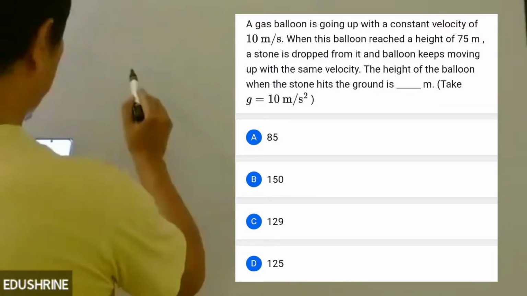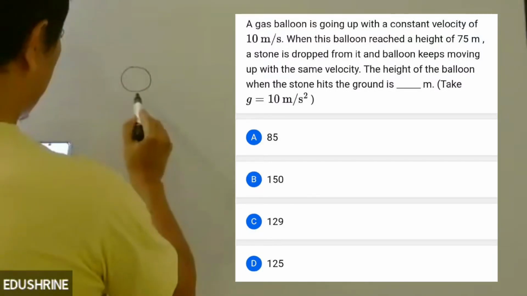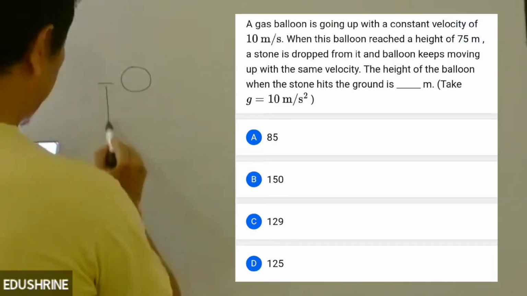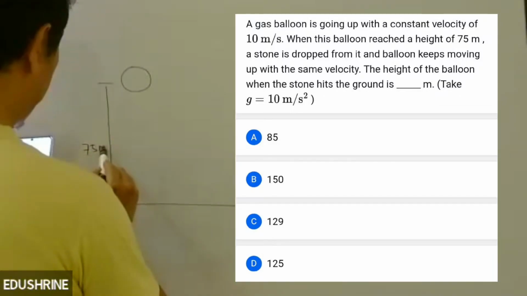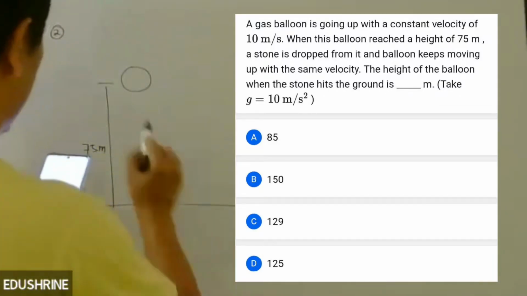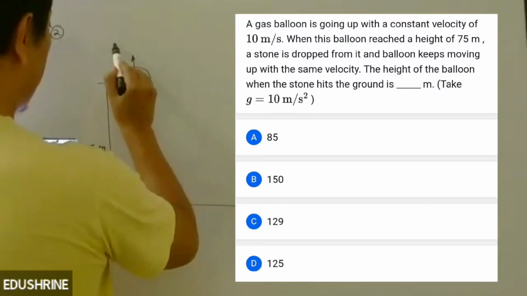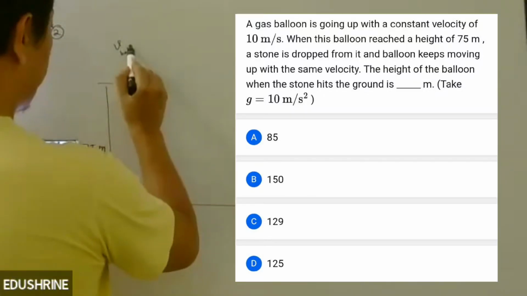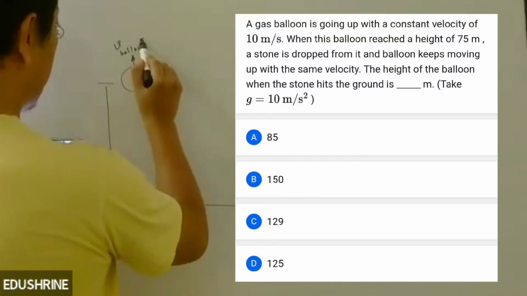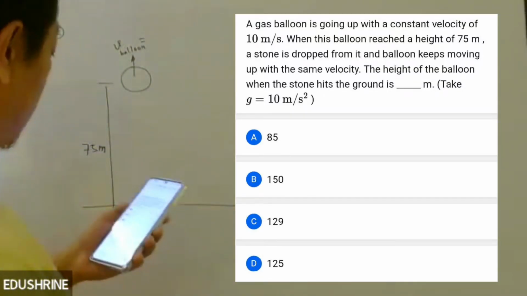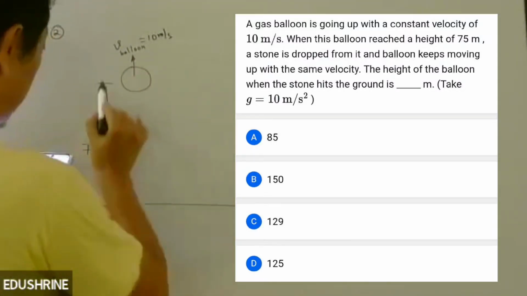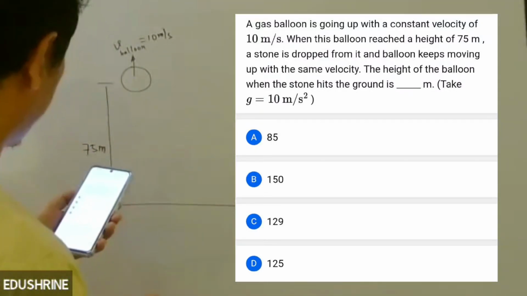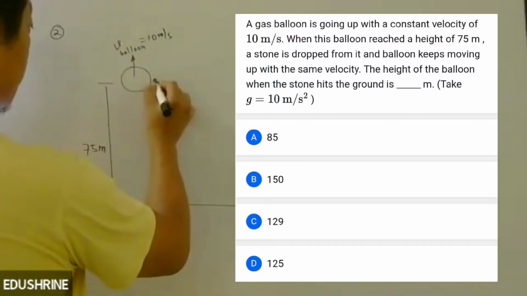So when the balloon is at a height of 75 meters, and remember the balloon was going up with constant velocity, 10 meters per second, a stone is dropped.